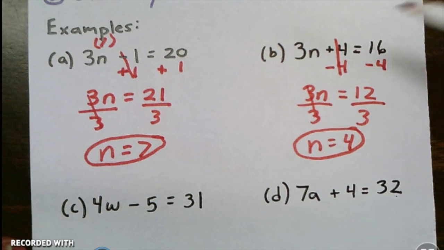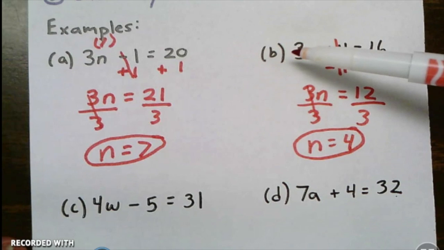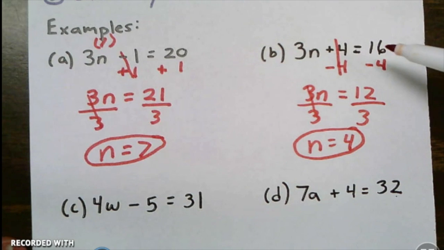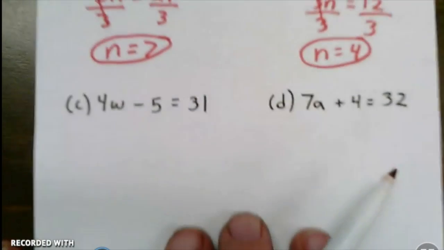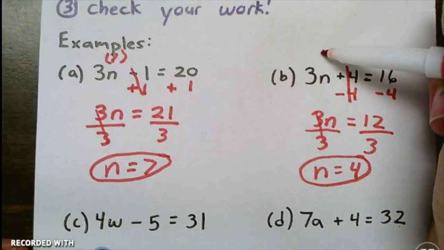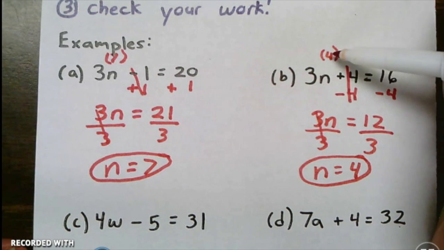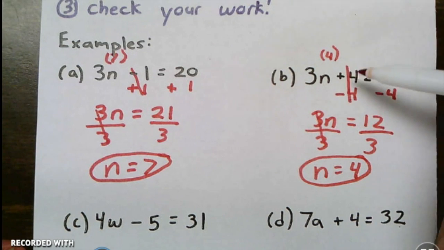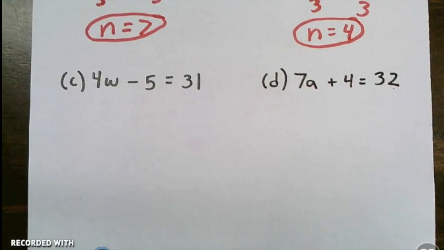Now what would happen if here I had some division is I would undo it with multiplication. And if I multiplied on this side, I'd have to multiply on the other side. Only 2 questions left. Oh, we didn't check our work. If I plug a 4 back in for n here, 3 times 4 is 12, and 12 plus 4 is 16. It works.